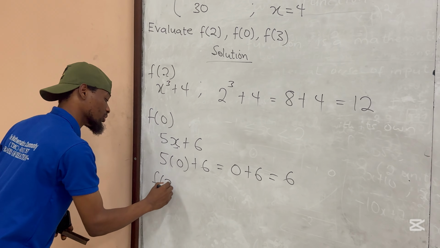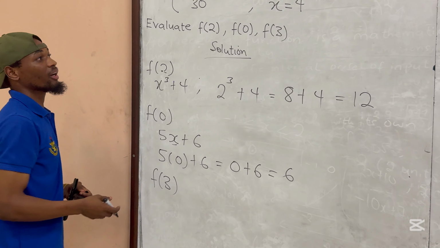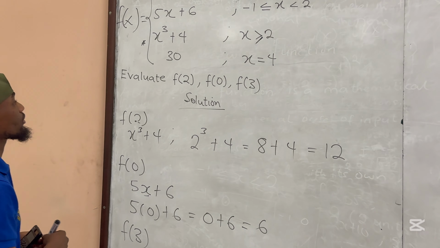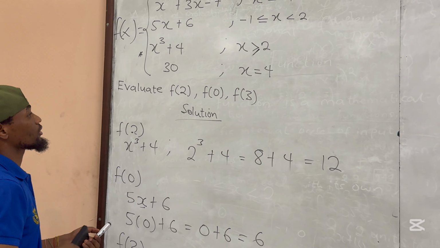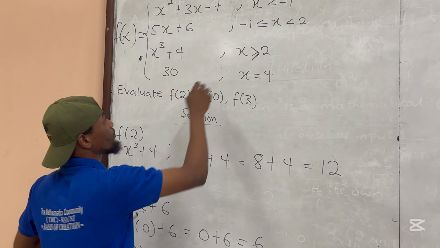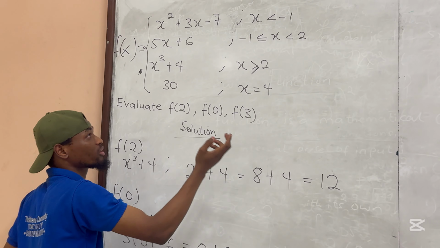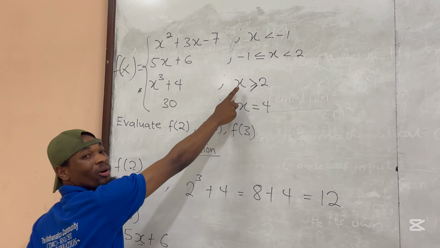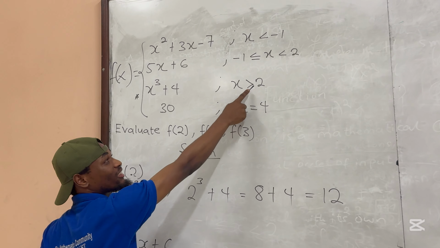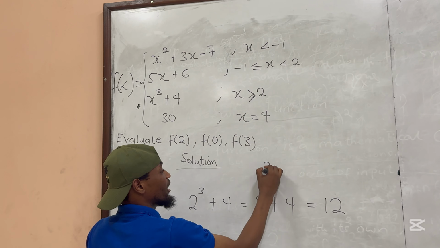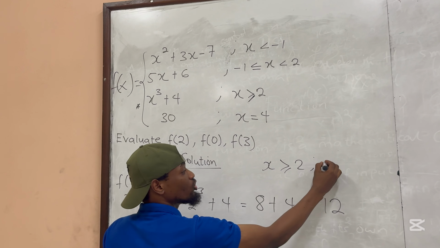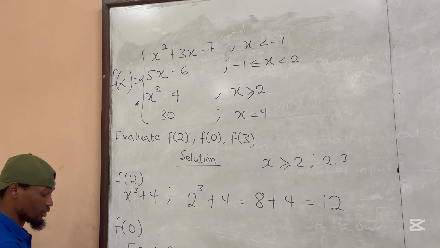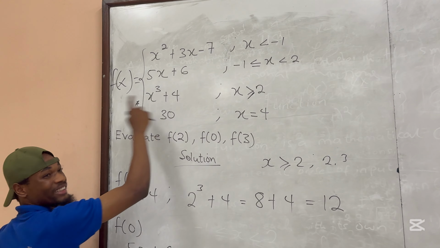f of 3. F of 3, let's see. Here the first one wouldn't hold, the second one wouldn't hold. I think it's the third one. x ≥ 2 simply means 2, 3, 4, and beyond. So 3 will fit into this.